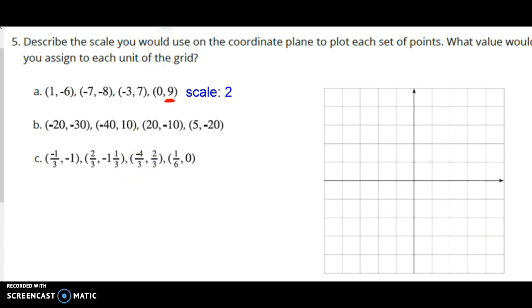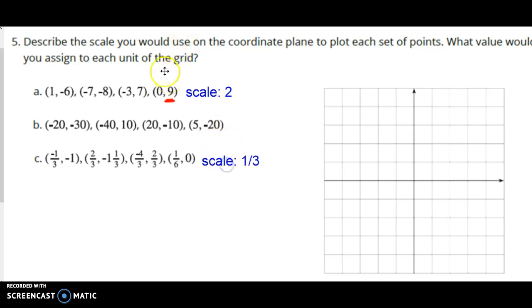So I need to get all the way to -1 1/3. So let's see if I can count by thirds. -1/3, -2/3, -1, -1 1/3. That's inside my grid still, so I know that I could count by 1/3. So I'm going to say here, scale 1/3.